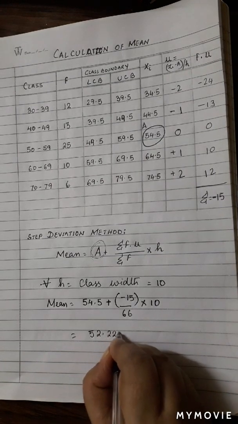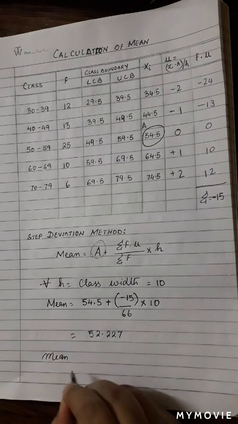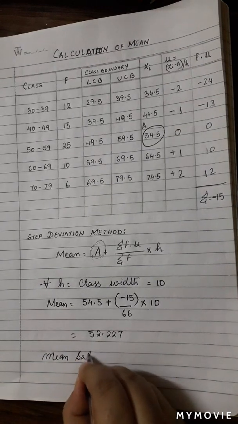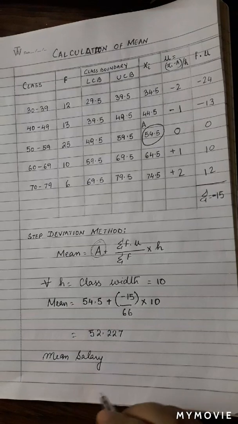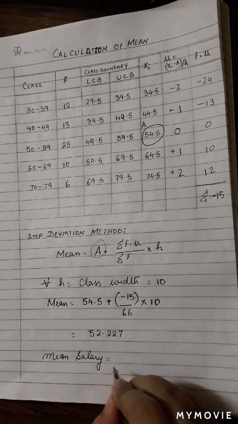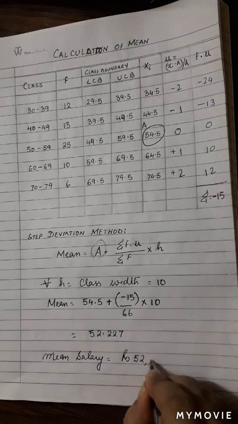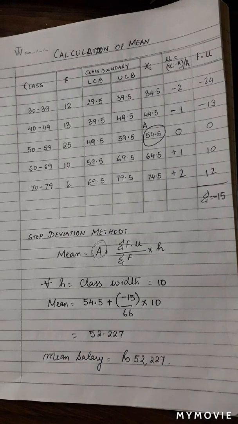So just as we obtained by the previous two methods, your shortcut method and your straightforward method, the mean salary is rupees 52,227. That's how we calculate the mean using the three different methods.